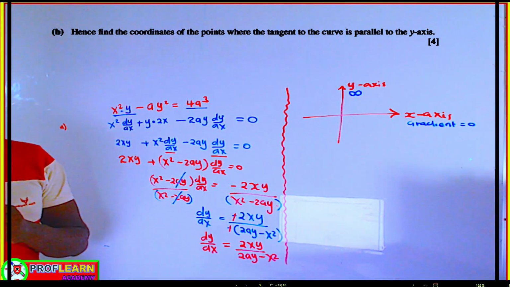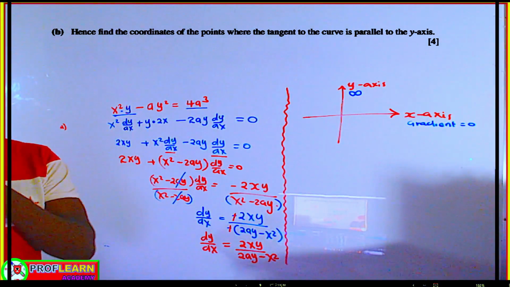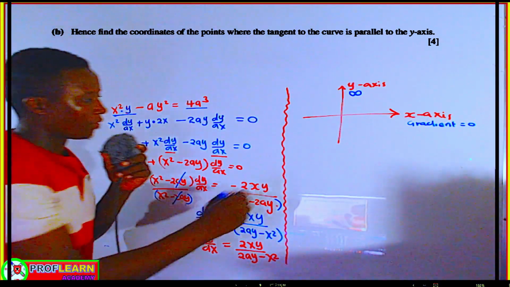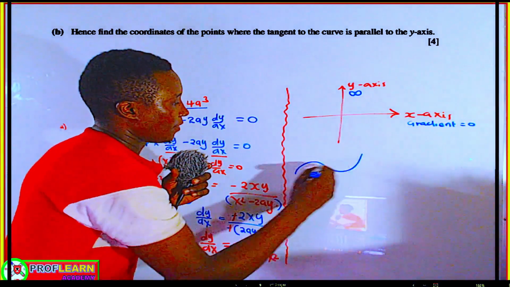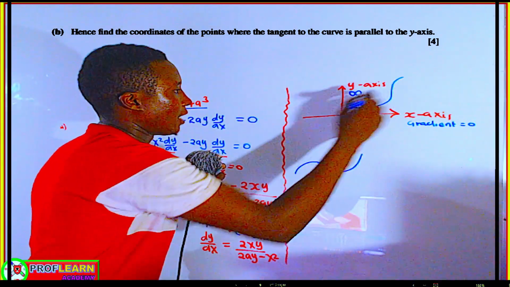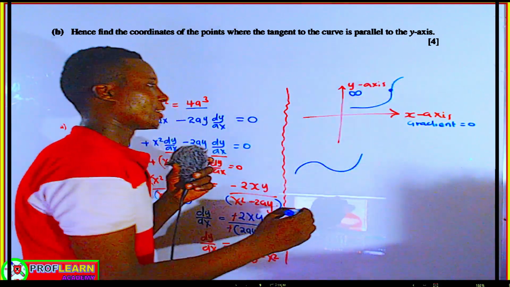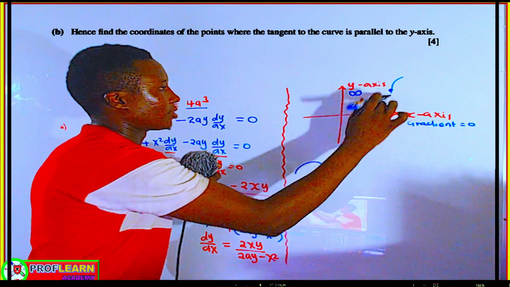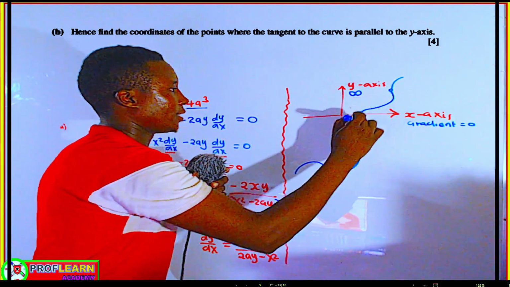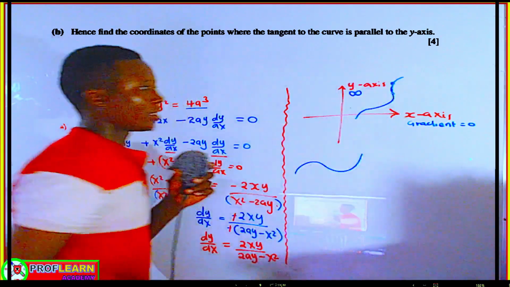We are supposed to find the coordinates of the point where the tangent to the curve is parallel to the y-axis. Suppose this is our curve, and this is the point we are looking for.